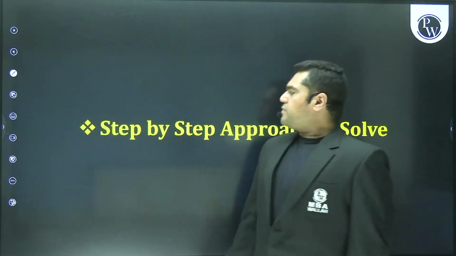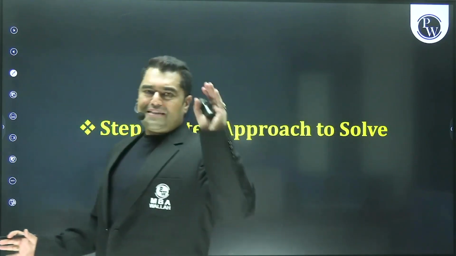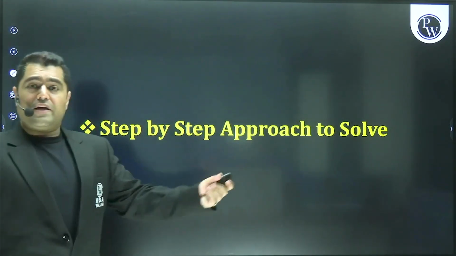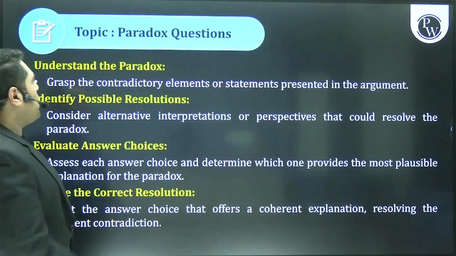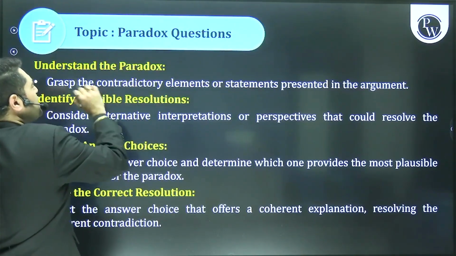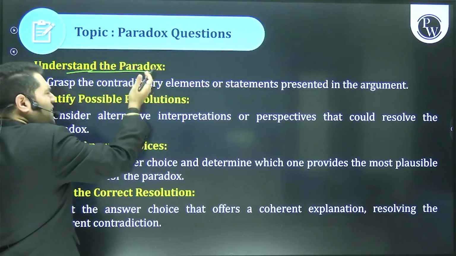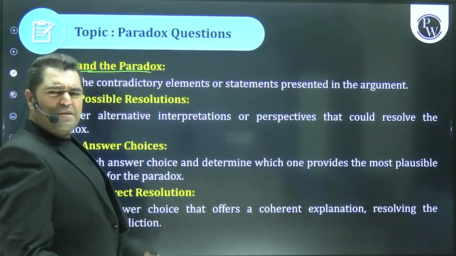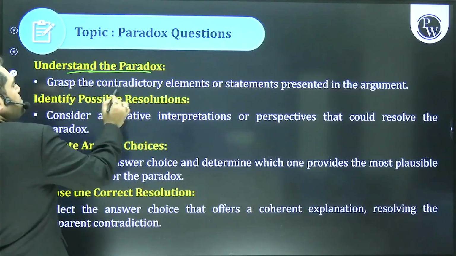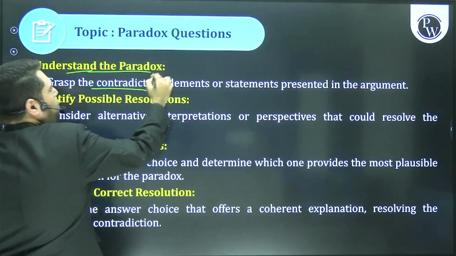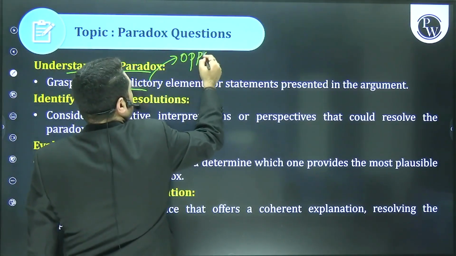Now let's quickly look at the steps so that we can get on to solving questions quickly. For a paradox, first of all, understand what the paradox is, what the problem is. So grasp the contradictory elements. Contradictory means opposing.